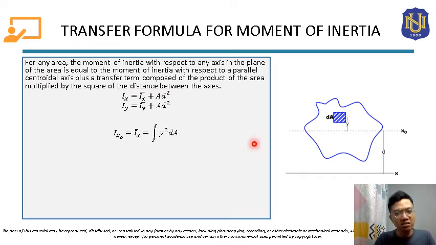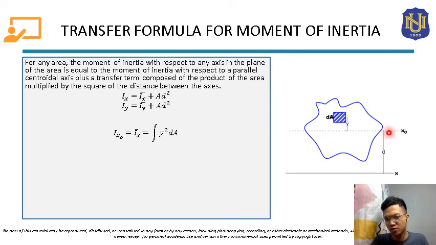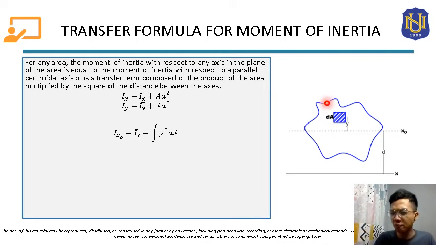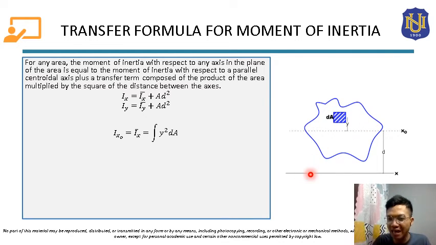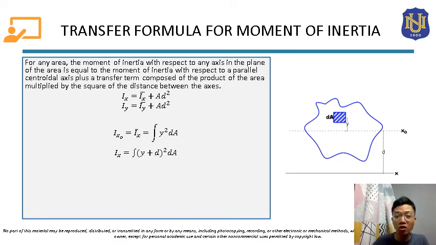Let's say that the moment of inertia of this area with respect to the centroidal axis is already established, and you want to solve the moment of inertia of this area with respect to this x-axis. We are going to apply our formula also. For Ix, this is the moment of inertia with respect to the x-axis.